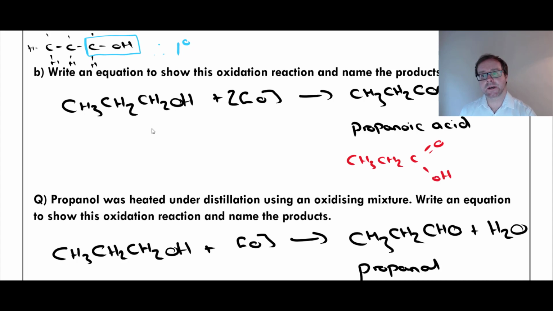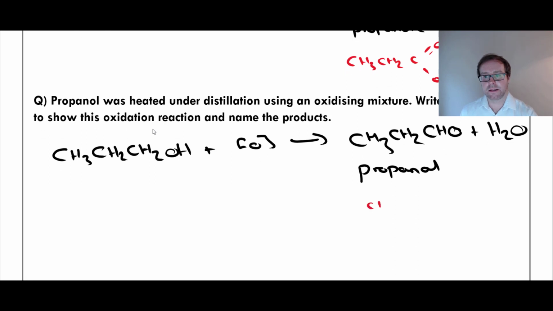So this is what propanoic acid looks like, and this is what propanal looks like.